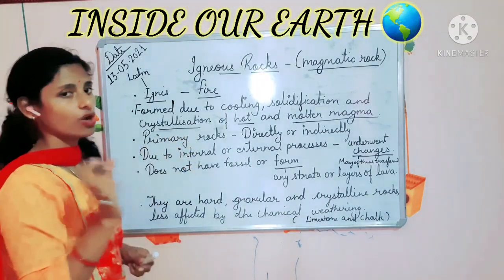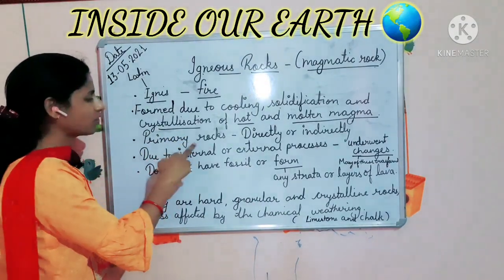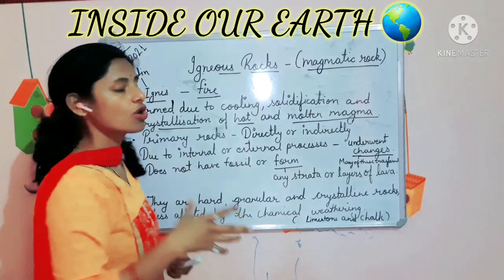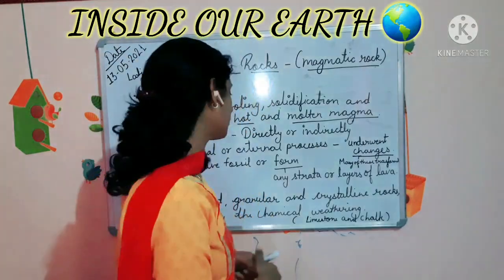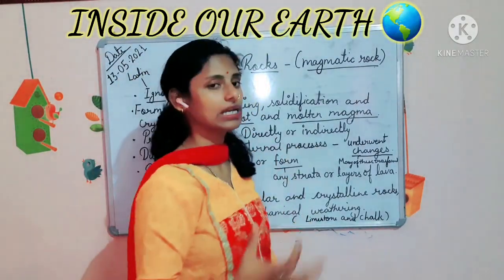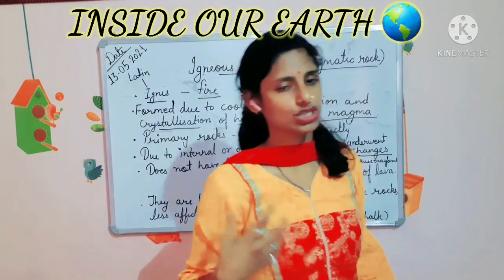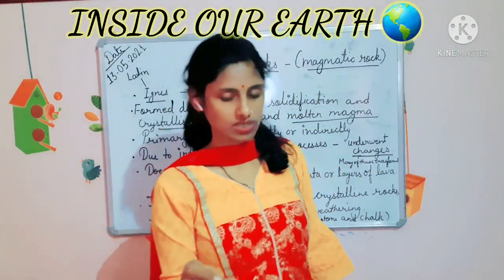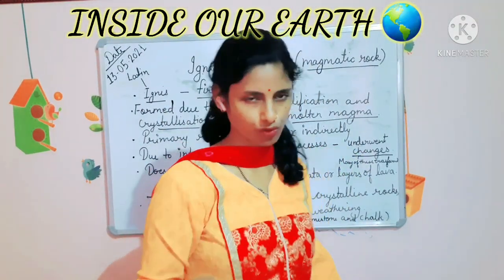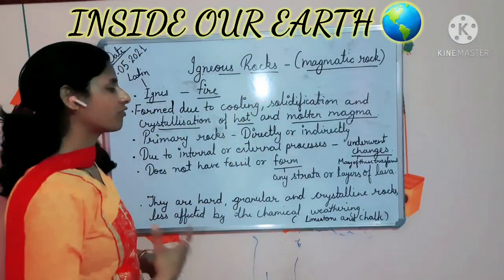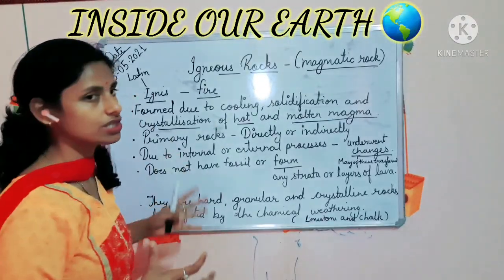Igneous rocks are also known as primary rocks because all the other rocks, like sedimentary or metamorphic rocks, are made directly or indirectly from igneous rocks. These are formed from igneous rocks.